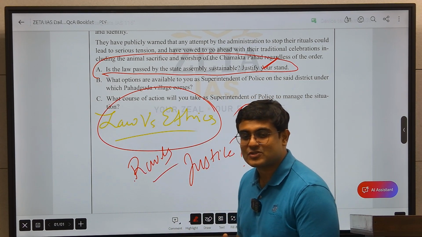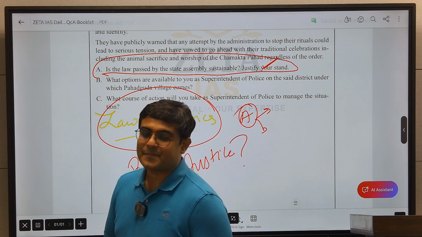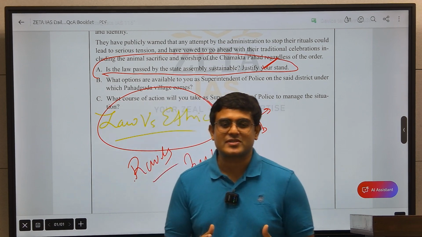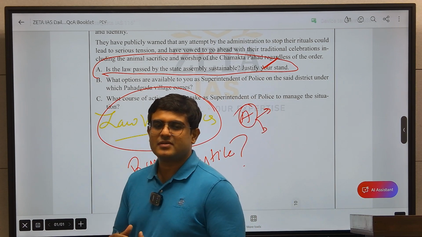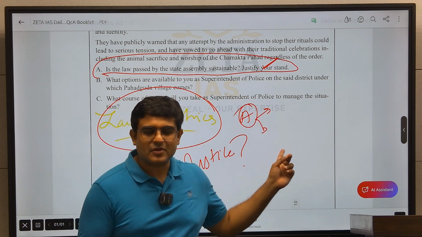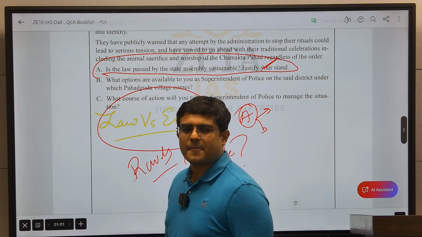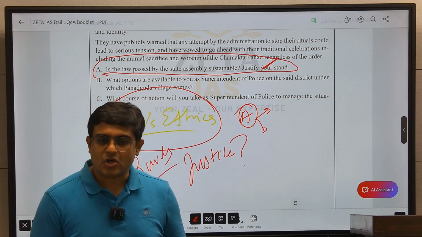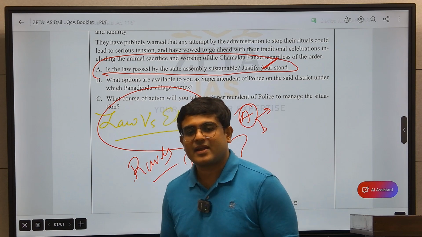What about the rights of the tribals? And the difference principle as well. The difference principle of John Rawls says the well-off people have a responsibility to the less well-off people or the poor people. So it violates the theory of justice of John Rawls. So in this way, the law passed by the assembly is not sustainable. This way you will justify your stand as well.